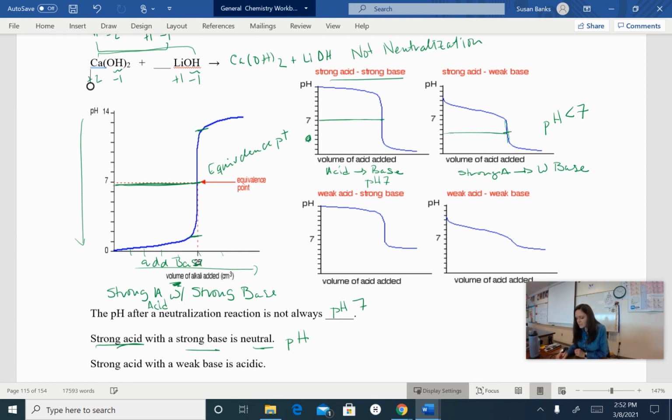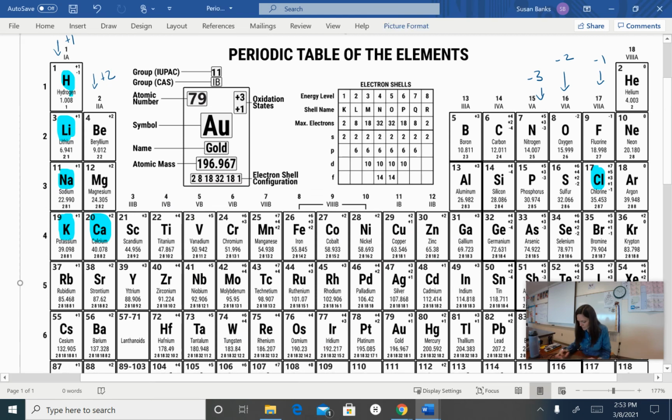So think about this. If you have a really strong kid playing with a weak kid, isn't the strong kid going to dominate? So yeah, because the acid is strong and the weak is base, the acid is going to dominate. So our equivalence point is actually going to be in the acidic range because the acid is stronger than the base. Remember, strong means it dissociates 100%.